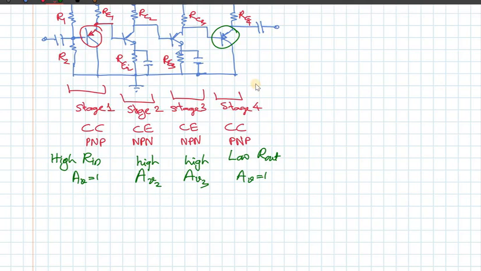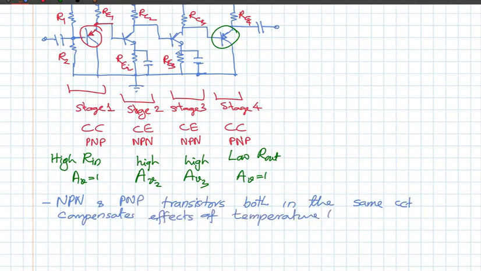So this is the main reason why in practical designs you have NPN and PNP transistors together. Okay, so let me write that down. NPN and PNP transistors both in the same circuit compensate the effects of temperature. Therefore, it is good to have both in these circuits.